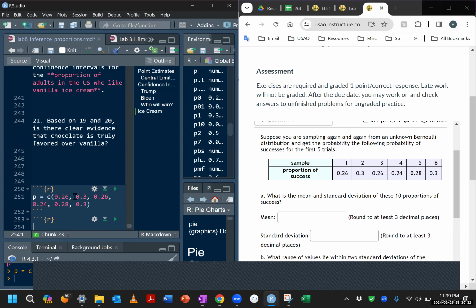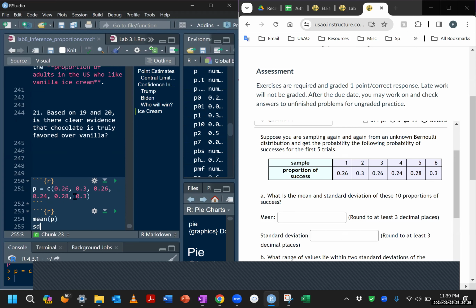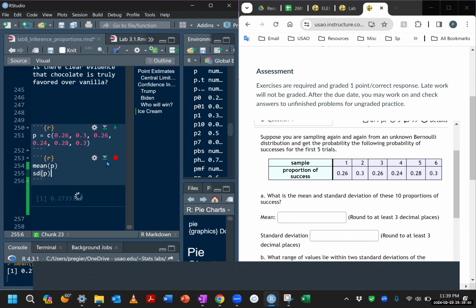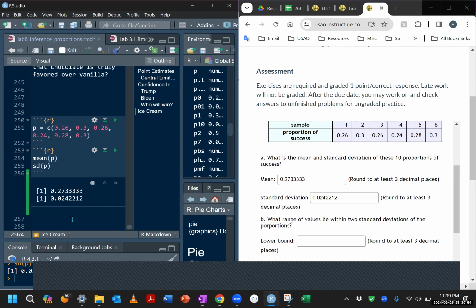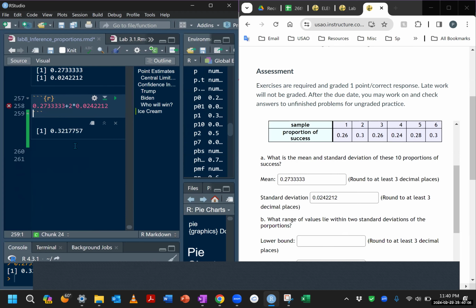Okay, so now I can find the mean of that, and I can find the standard deviation of that. So if I were to sample many, many times, this tells me that the middle of my sample is about 0.27 and the spread is 0.02. Why is this useful to know? This information can help me determine, if I want to go 2 standard deviations to the right of my mean, I can take this number and go 2 times this number to the right, and I can go 2 standard deviations to the left.